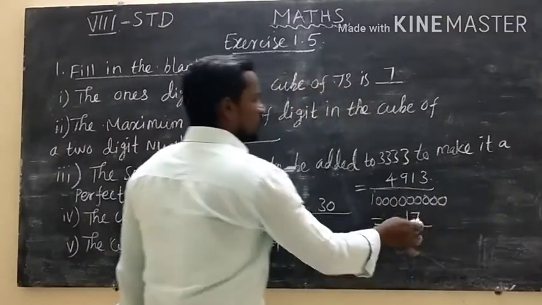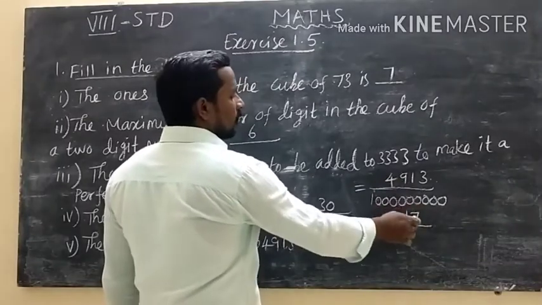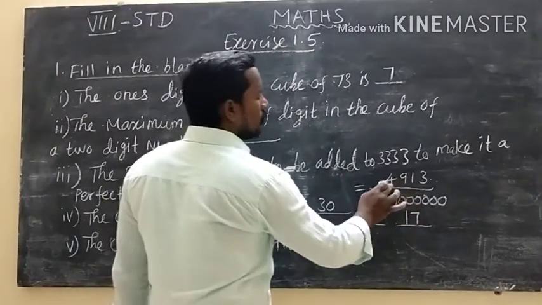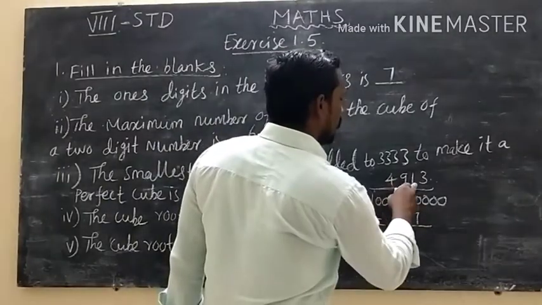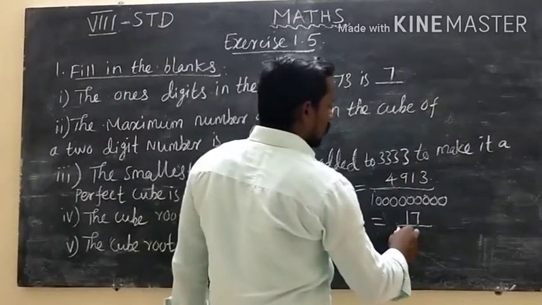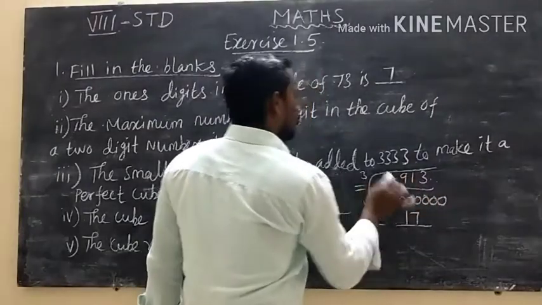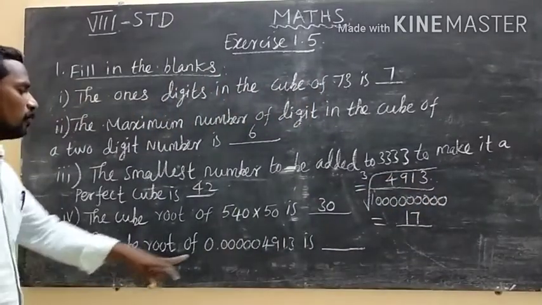You have to check 17 multiplied 3 times, which gives 4913, divided by 1000. The question is the cube root of the decimal number.